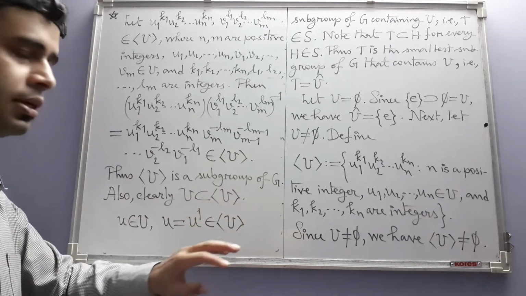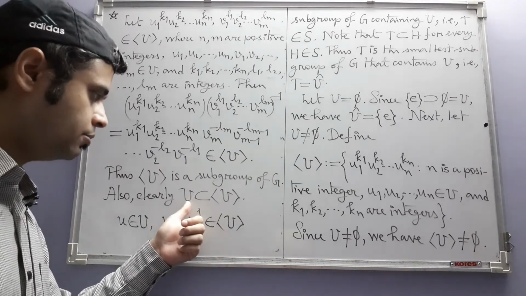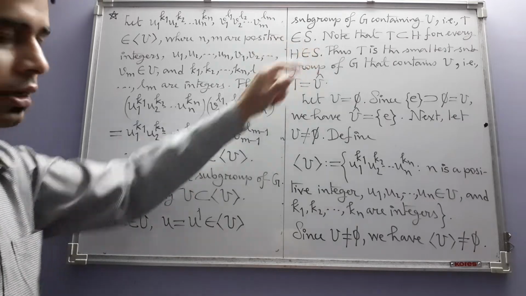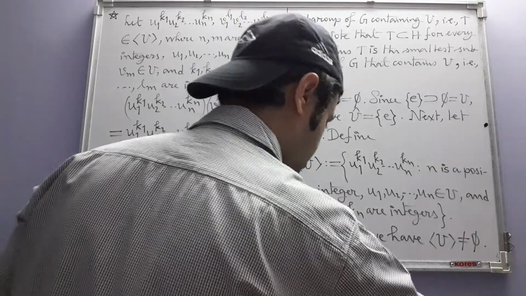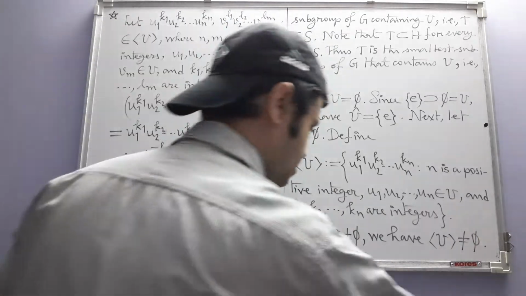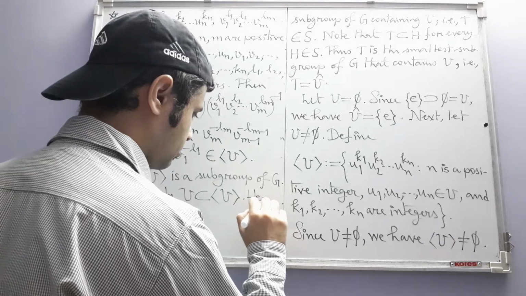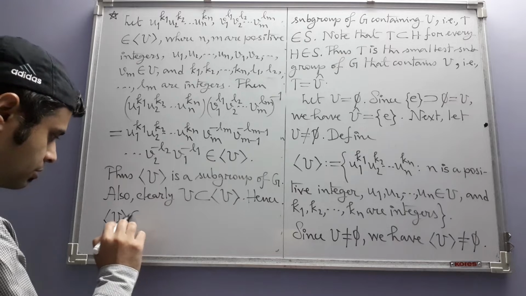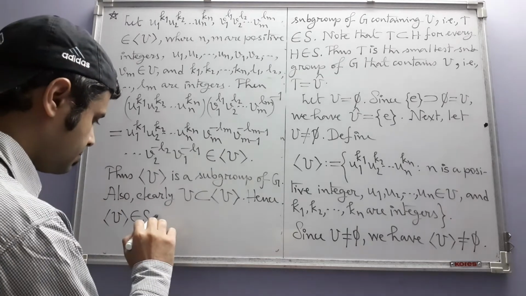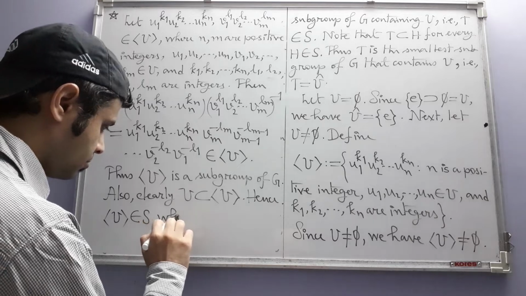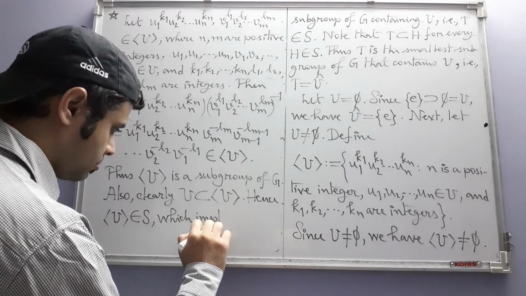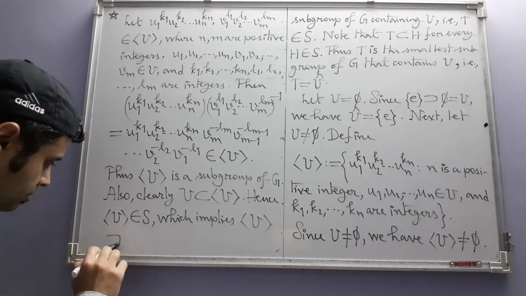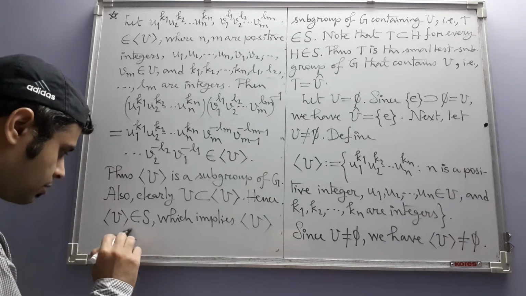So this becomes a subgroup of G containing U. In other words, this is also in the collection S. Hence, this belongs to S, which implies it will contain the smallest subgroup of G containing U.